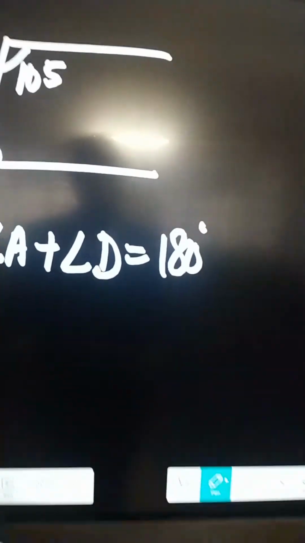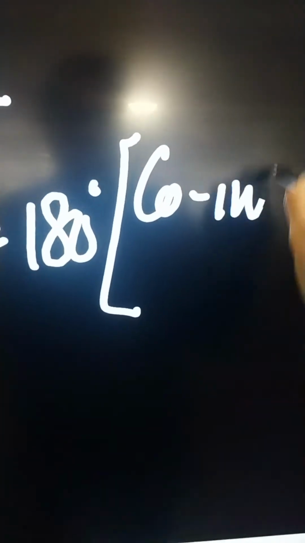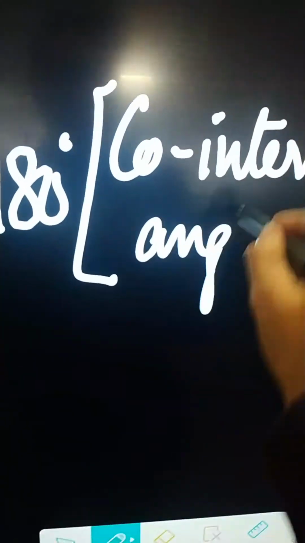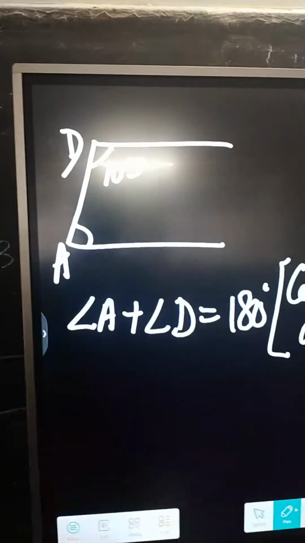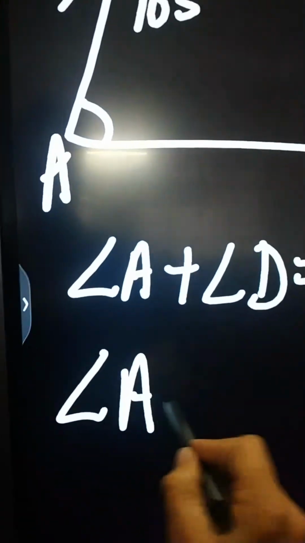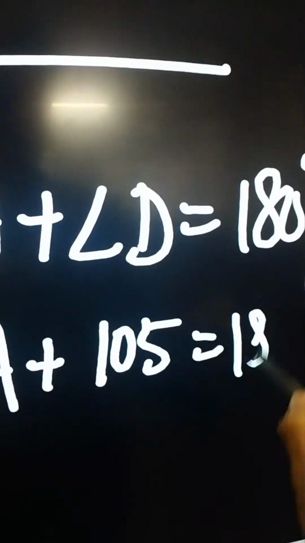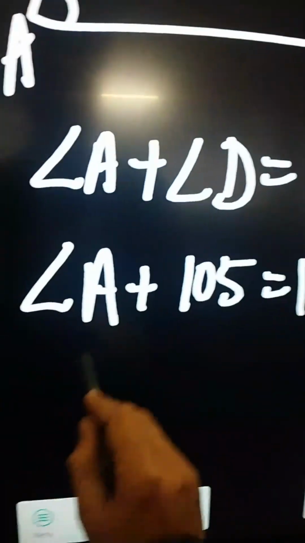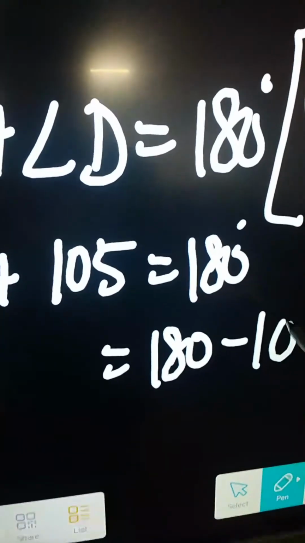So why will the total be 180? Because they are co-interior angles. Angle A and angle D are co-interior. Angle A is not given, but angle D is given 105 and their total is 180. So angle A becomes 180 minus 105.